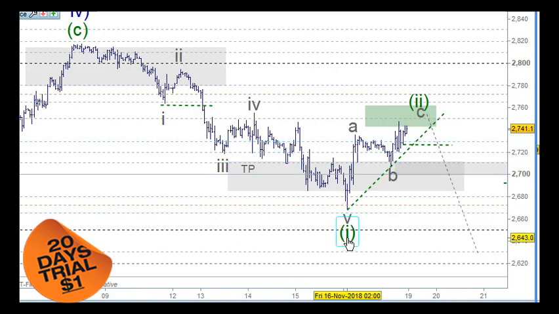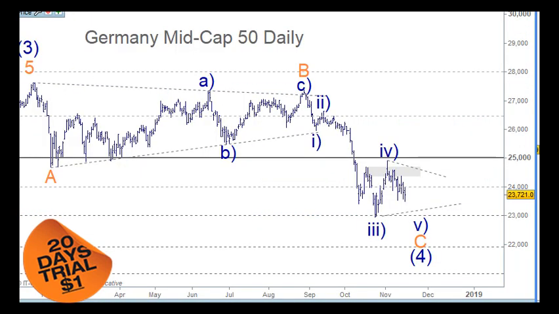So just on the 1-hour chart here, we're looking at an A and a B and a C into this green box here. So if this turns lower quite swiftly, or should pick up some speed being a third wave, then it's going to pull those European markets down. So keep an eye on the US, okay?